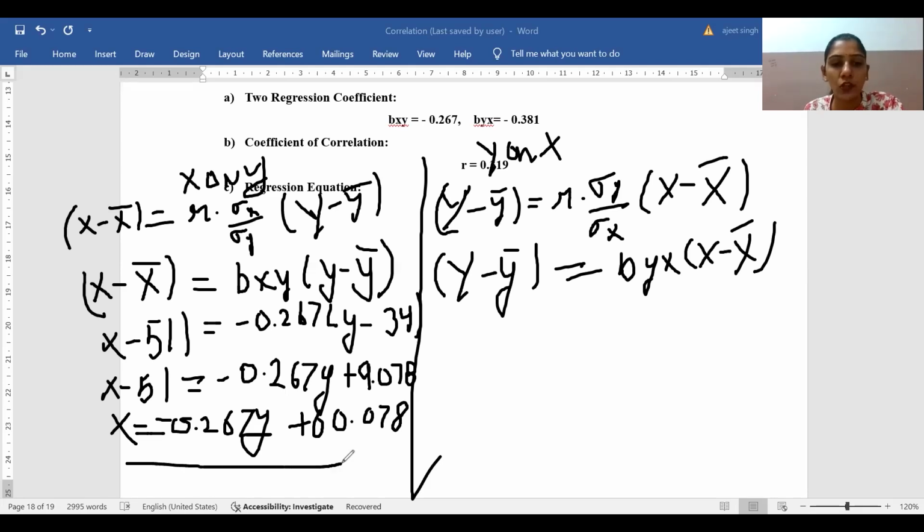So this is the equation of x. Now let's calculate the equation of y.